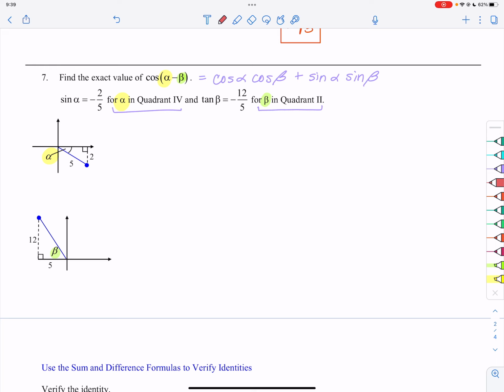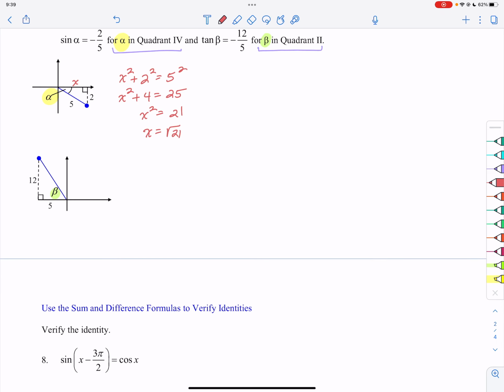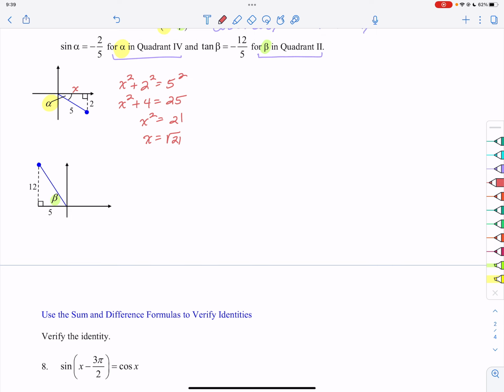We can see here, if we call this value x, that x squared plus 2 squared equals 5 squared. And so x is equal to root 21. Now, let's go ahead and take care of the next triangle, and then we'll be ready to go.